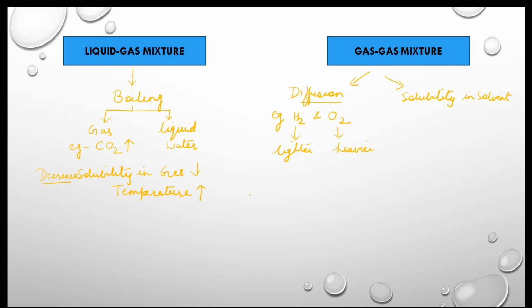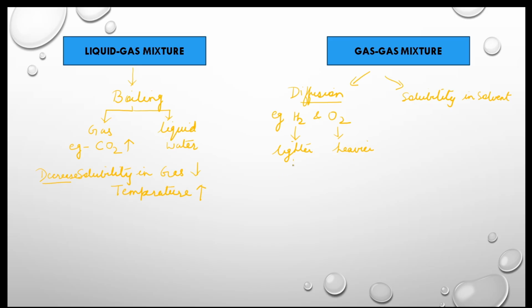In diffusion, we will separate both gases by passing them through a porous partition. For example, if these two gases are placed in a container, we are going to separate them by passing them through a passage or a porous partition.